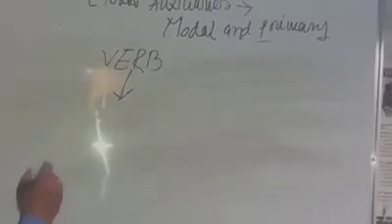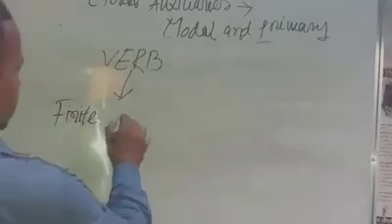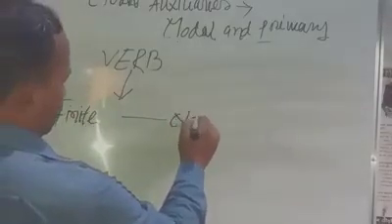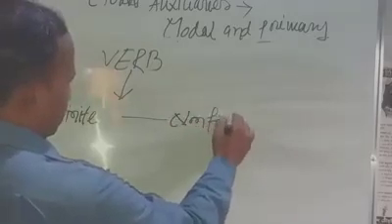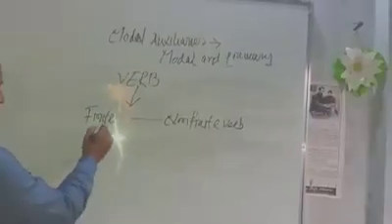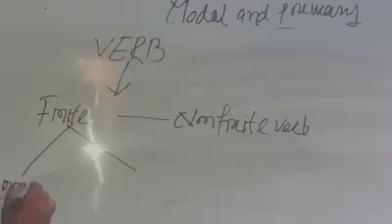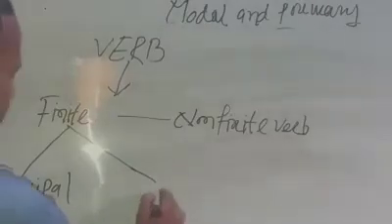Here are the two parts of verbs, finite and non-finite. Finite verbs have two kinds: principal and auxiliaries.